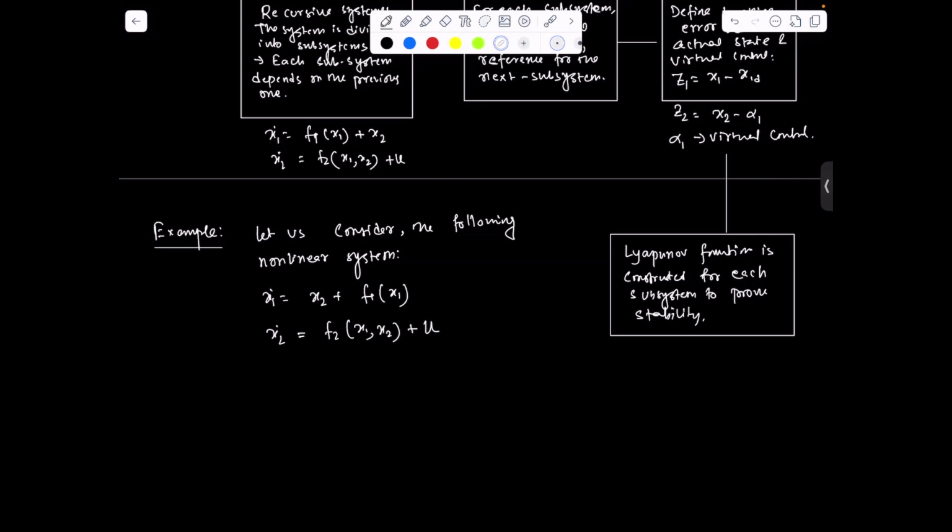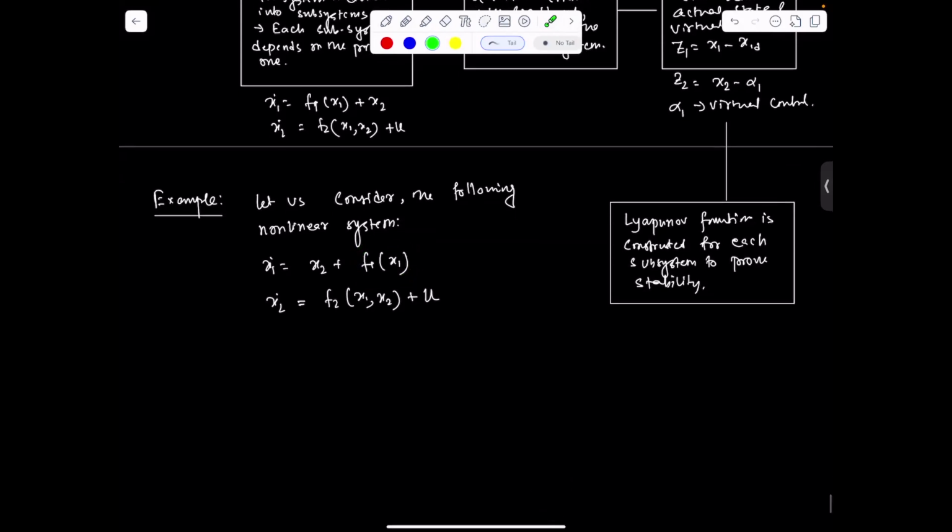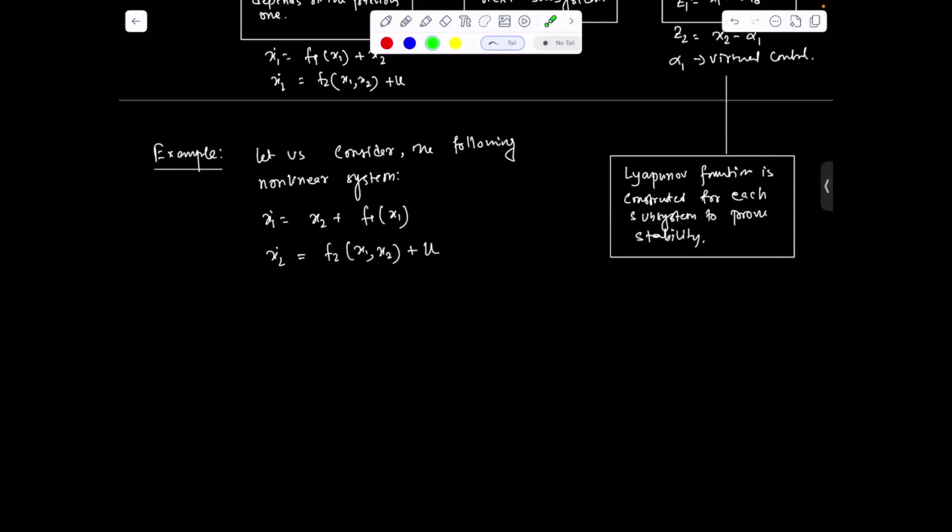Here, f1(x1) is only a function of x1, and f2 is a function of x1 and x2. If it is x3 dot, then the function will be f3(x1, x2, x3). If the system is written in this structure, we can say the system is in recursive structure.